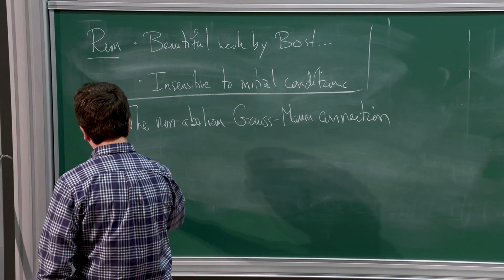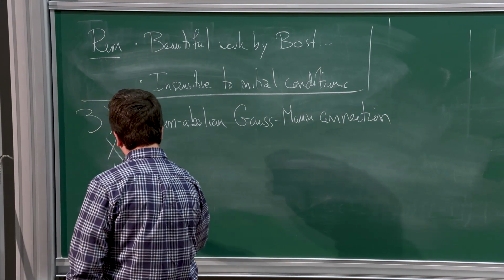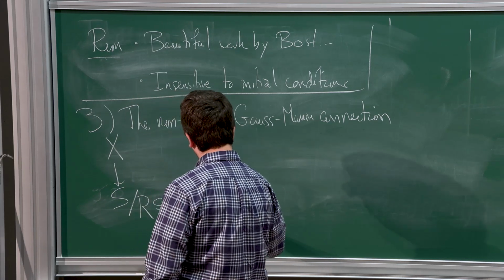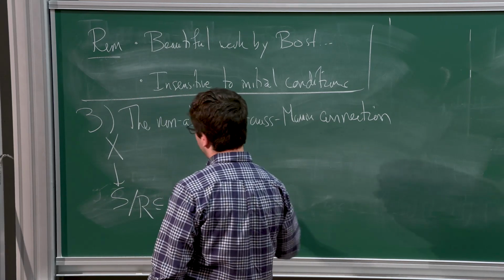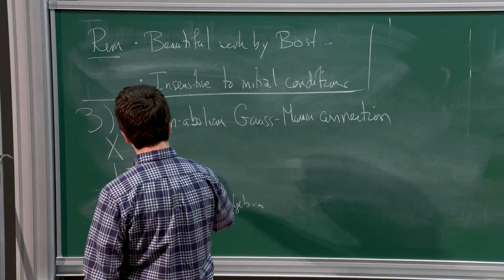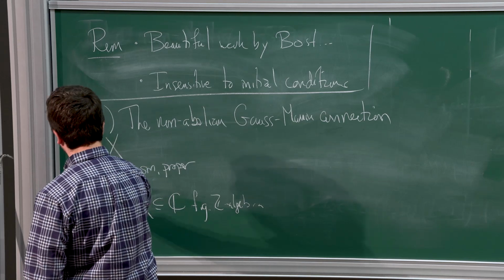Okay, so what's the setup? X to S over R inside of C, a finitely generated Z-algebra. So this will be π, a smooth and proper morphism, and X and S will also be smooth.